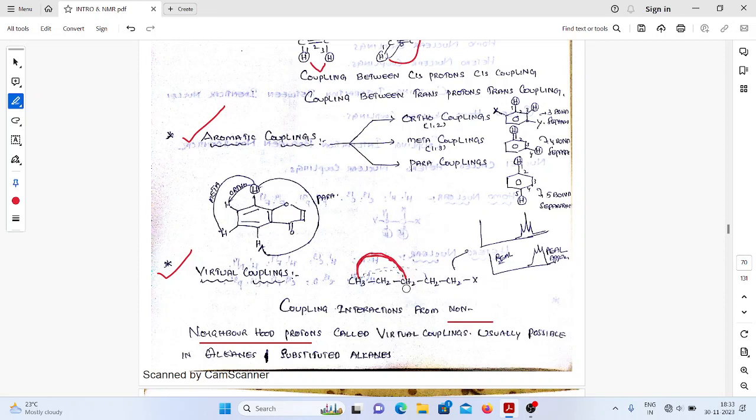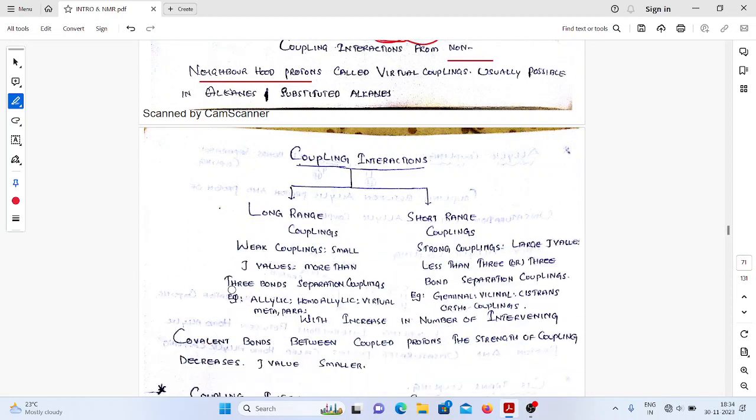If the coupling is possible between these two protons and these three protons, such a type of coupling is commonly called virtual coupling. If the coupling takes place between this CH3 and this CH2, this CH3 and this CH2, like that, this CH2 and this CH2, okay, such types of couplings are called virtual couplings.